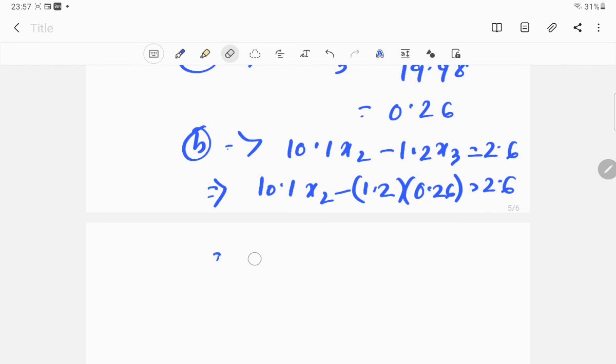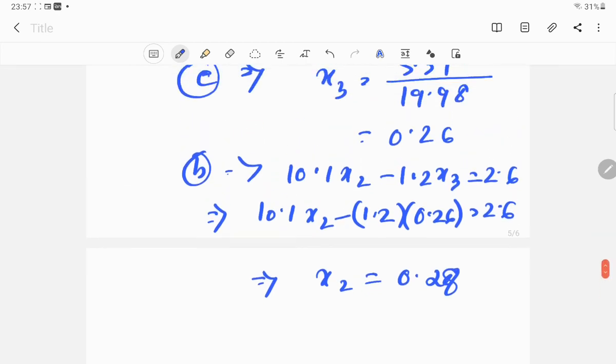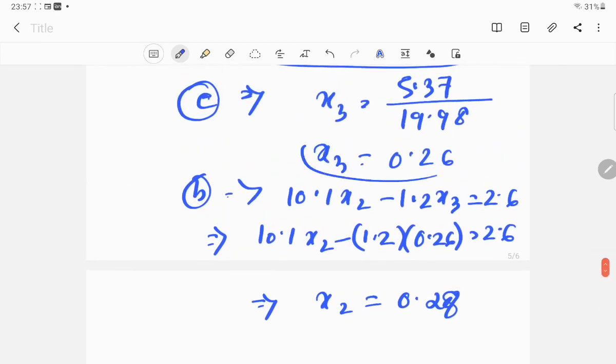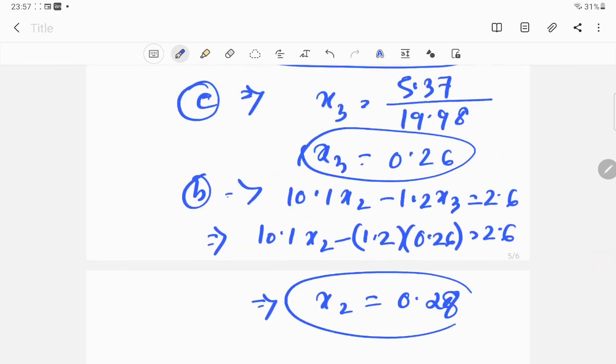If you solve this, you will get x2 to be equal to 0.28.